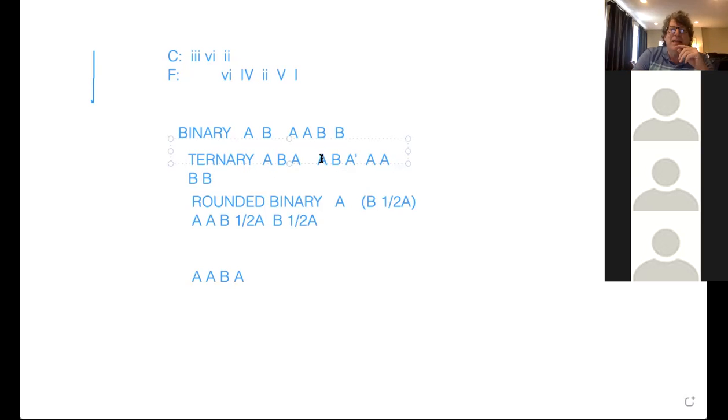Ternary is ABA. This ABA prime ABB, that's just a mess up. Here, I'll erase it. Let me see if I can erase it without erasing everything. No, it took everything out. So that's why you didn't understand it, is that this ternary is simply ABA. Okay? Thanks, Daviel. That's what I get for putting things on a whiteboard without an eraser.